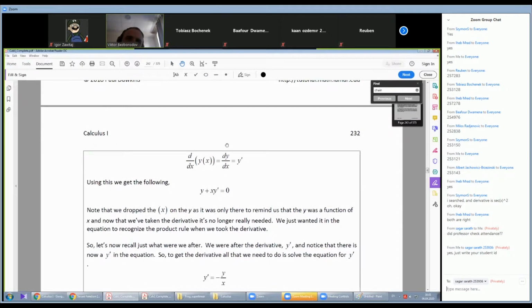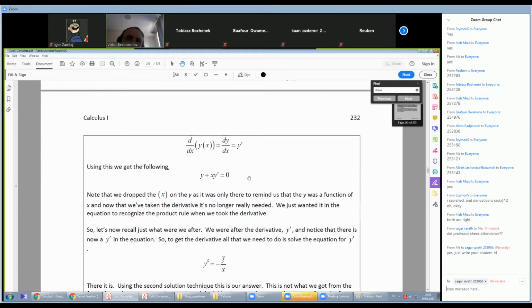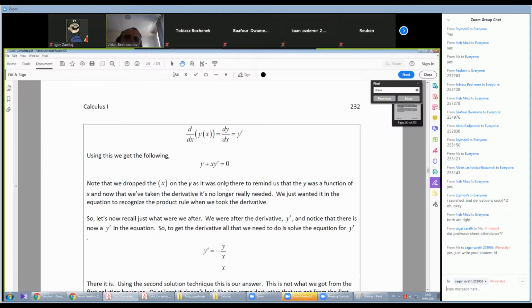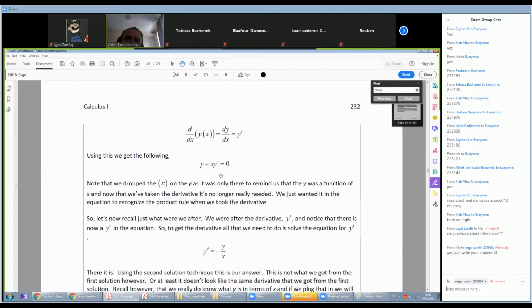So this is what you get: y plus x y prime is 0. And this gives you the derivative of y implicitly as a function of x, because y is also a function of x.